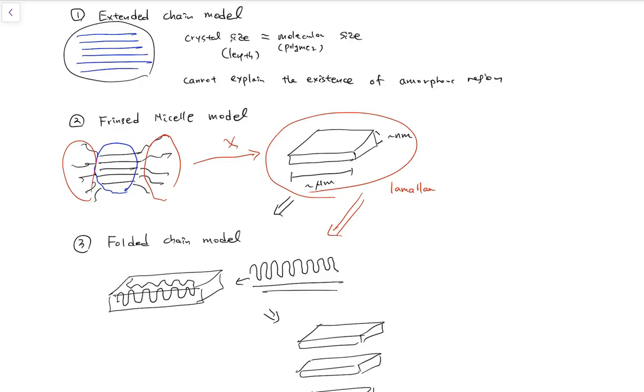Okay, so basically this lamella structure forms the crystalline region, and some amorphous chains are in between this lamella plate. Okay, it's basically a stacked lamella structure.